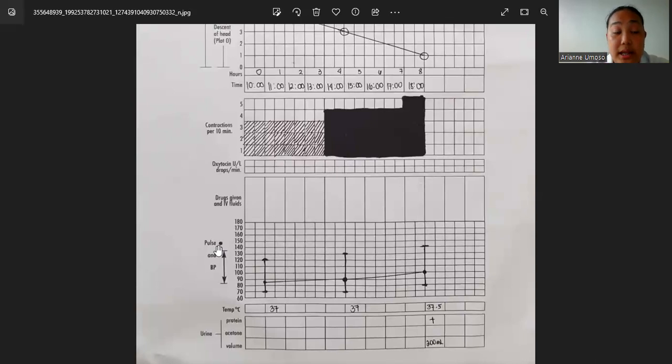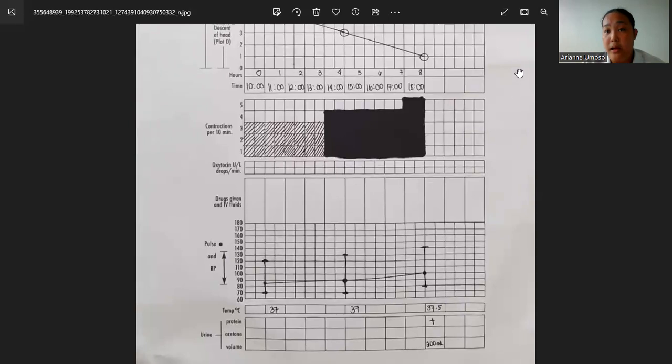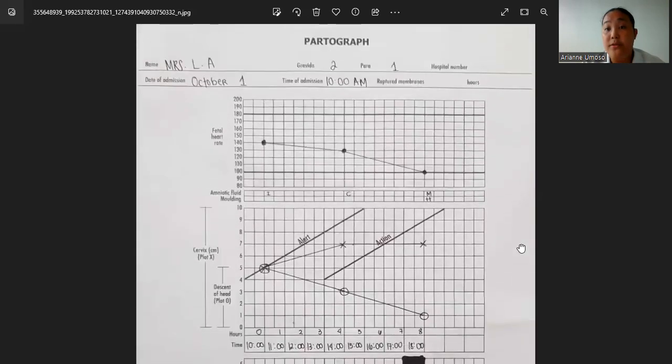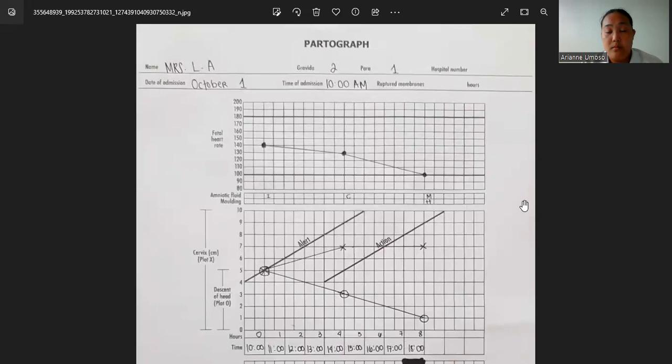So let's begin with the partograph of the patient. Upon admission, the fetal heart rate is 140 beats per minute with intact membrane. After 4 hours, the fetal heart rate is 130 with clear fluid.